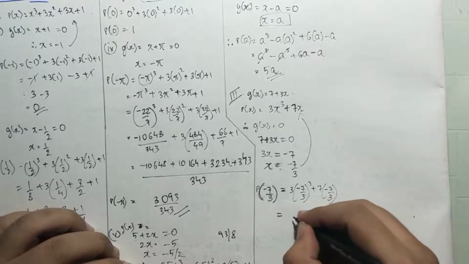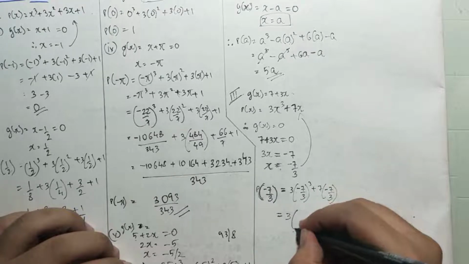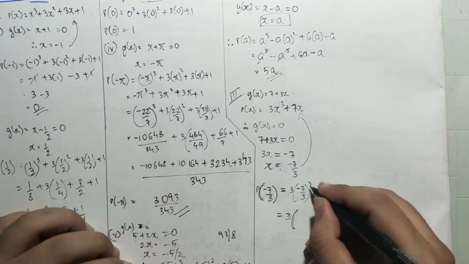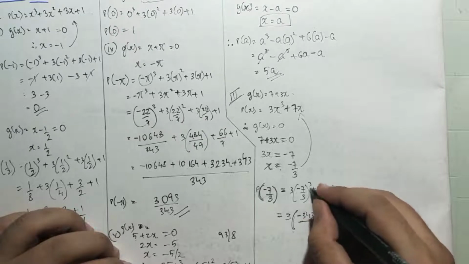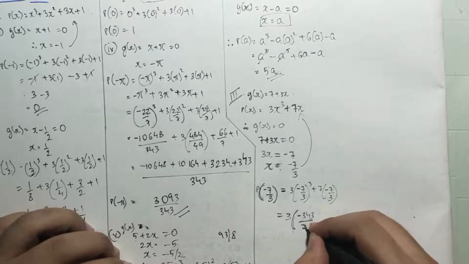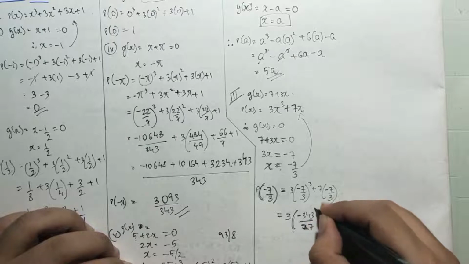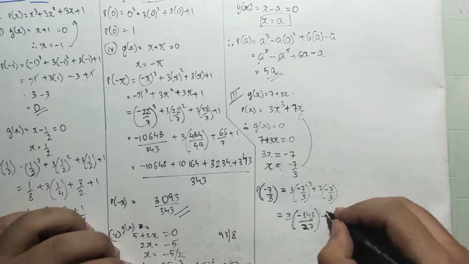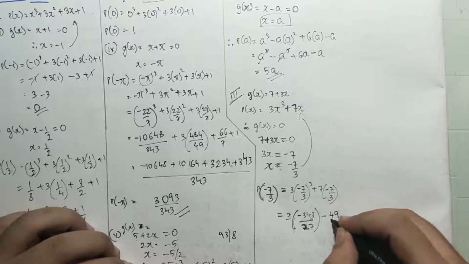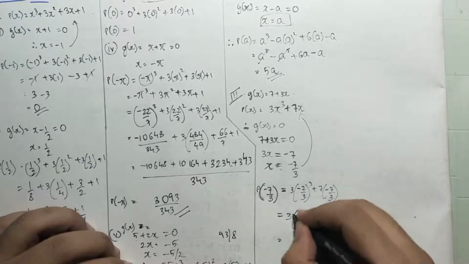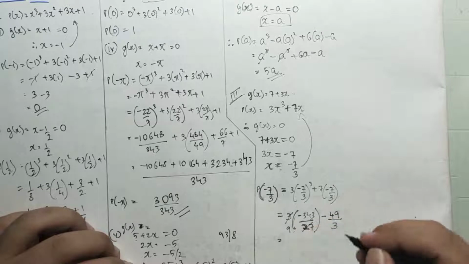Opening the brackets, this will be 3 multiplied by minus 7 cube, that is minus 343, upon 3 cube, that is 27, plus 7 into minus 7, that is minus 49 upon 3. 3 ones are 3, 9s are 9.